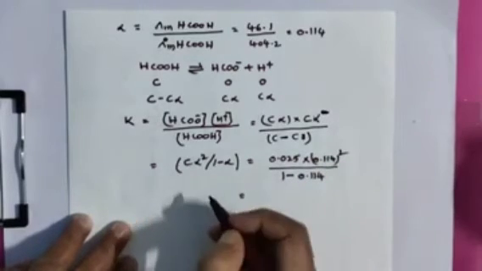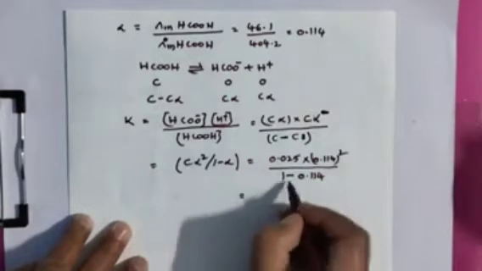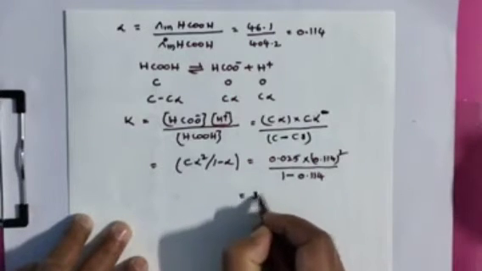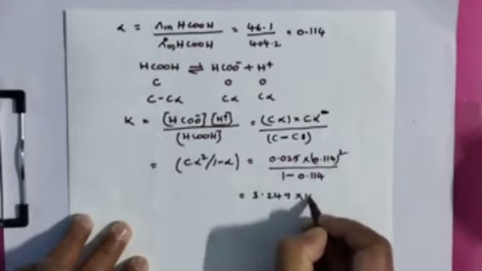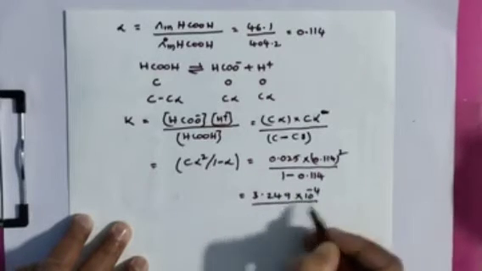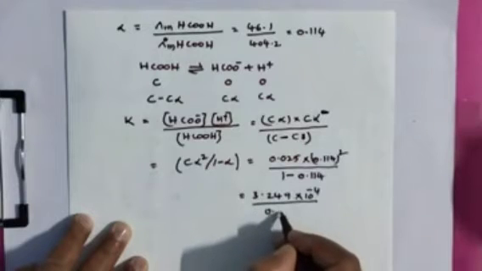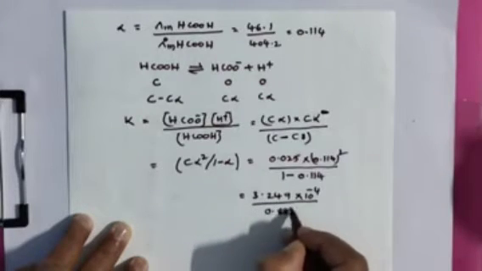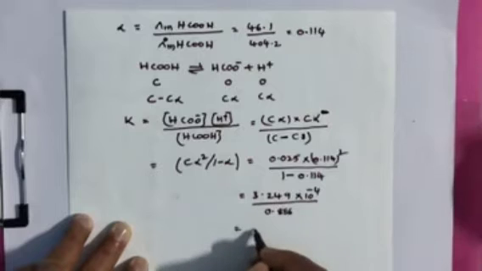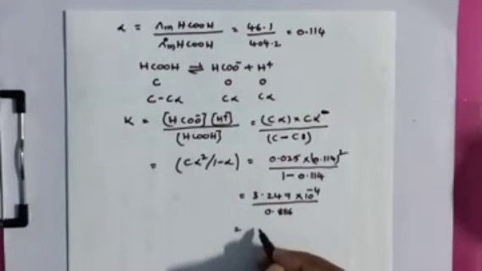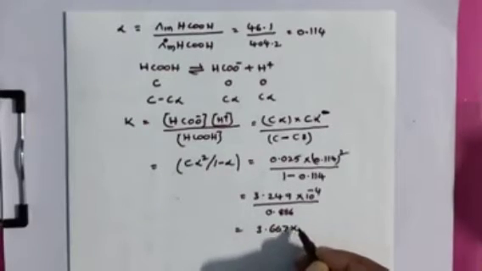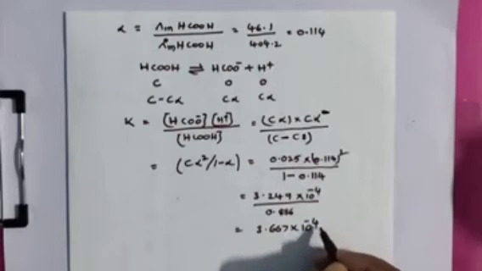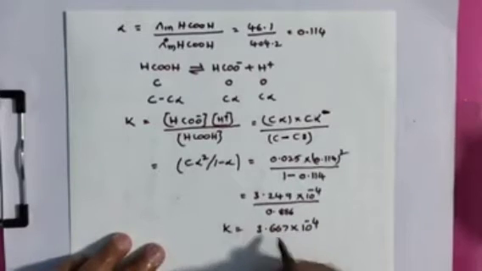If you go through simplification, that is equal to 3.249 into 10 raised to minus 4 upon 0.886, nothing but 3.667 into 10 to the power of minus 4, and this is the K value.